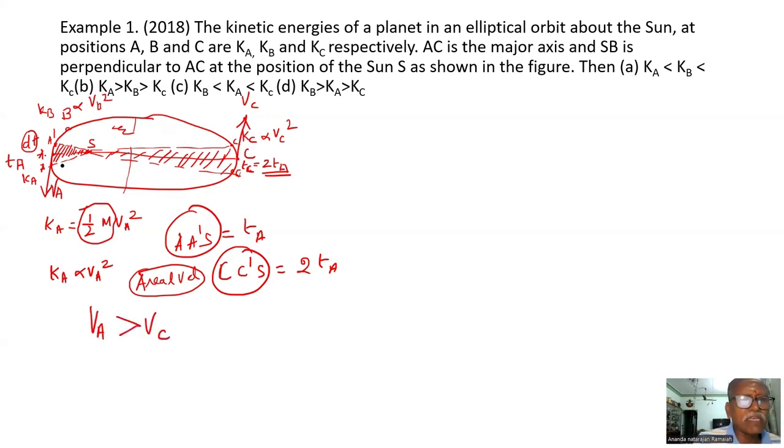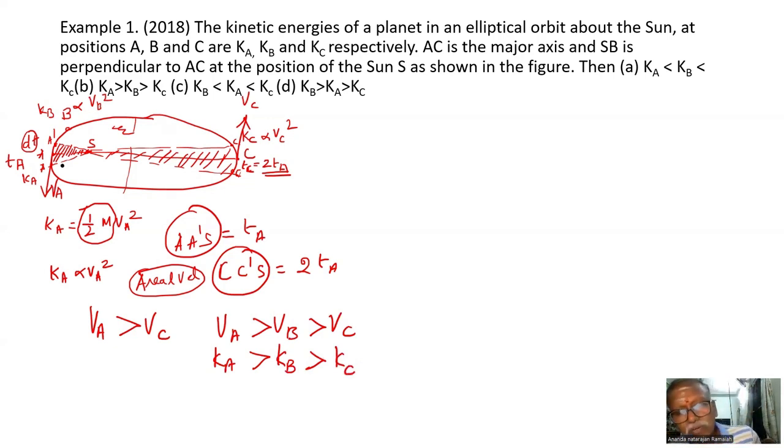Here Vb is approaching A but leaving C. Therefore, Va is higher, Vb is in between and Vc is the least value. Therefore, kinetic energy Ka is proportional to Va square, Kb is proportional to Vb square, and Kc is proportional to Vc square.